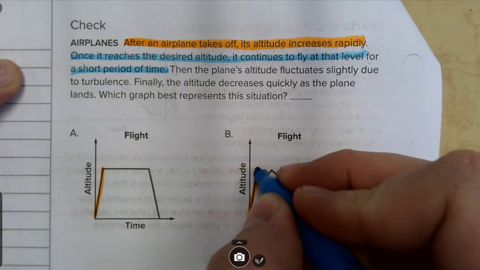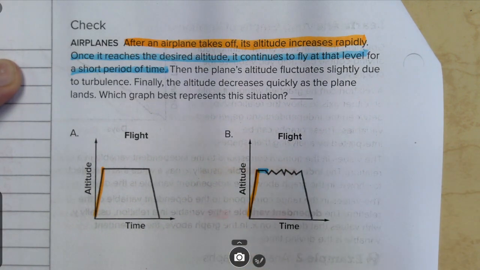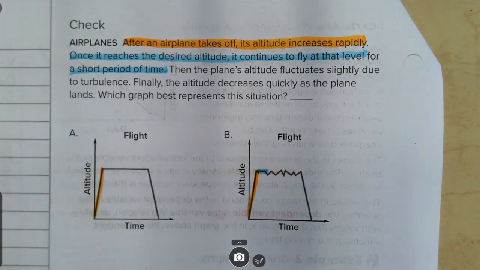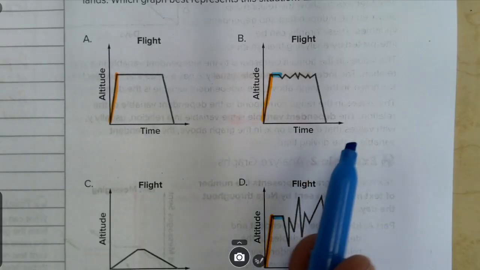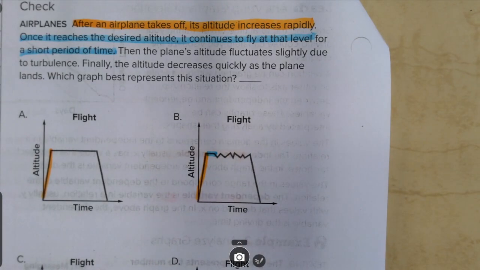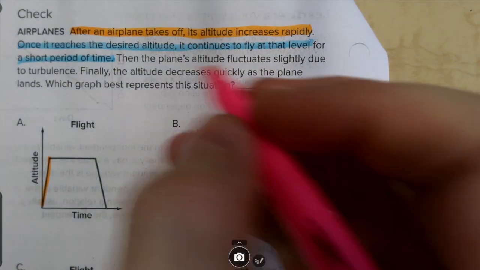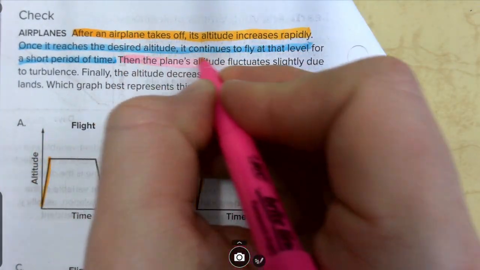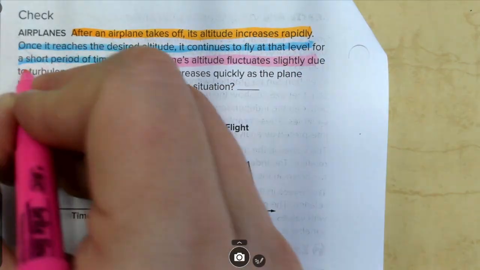This one shows short. This one shows short. So A's out because this looks long. They said short, and these ones are significantly shorter. Then the plane's altitude fluctuates slightly due to turbulence.